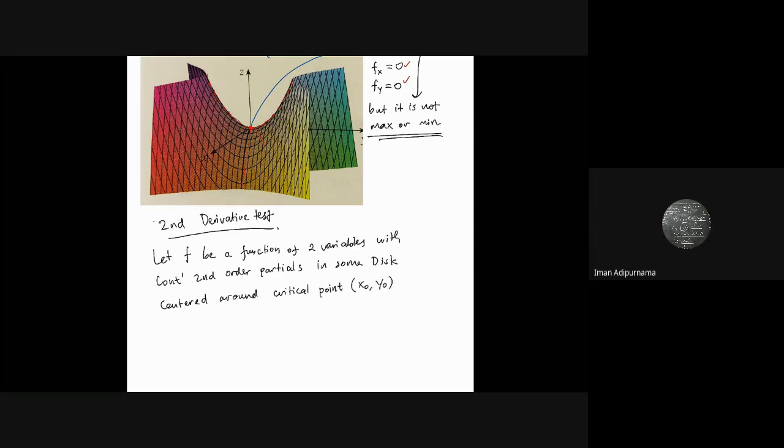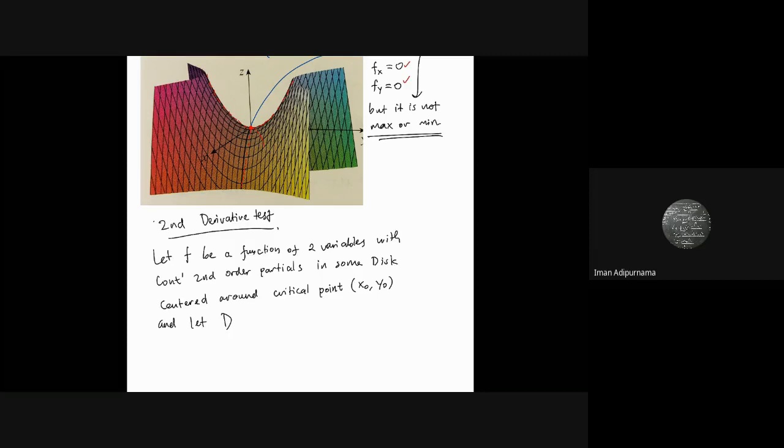Let's say the critical point x0, y0, and we define D. This is the term. I think you can also say this is a determinant.